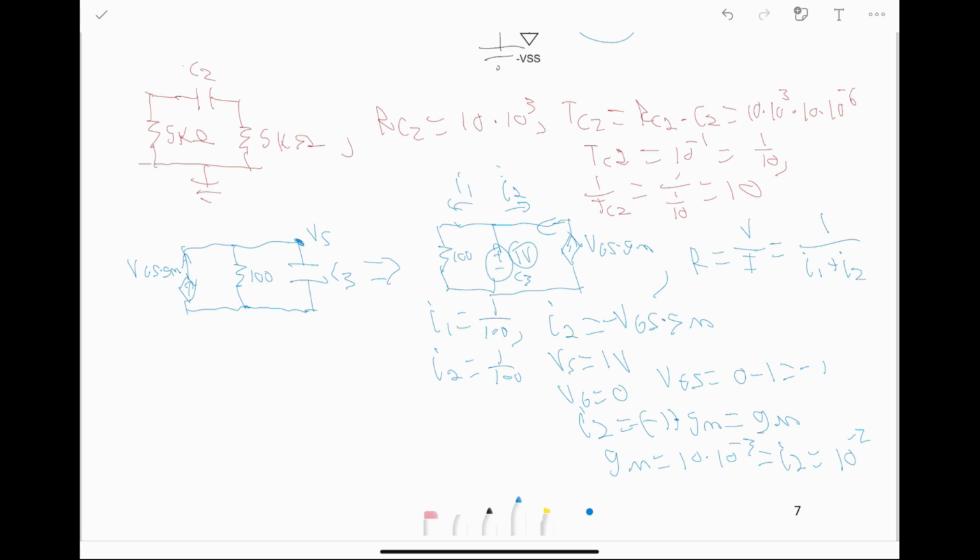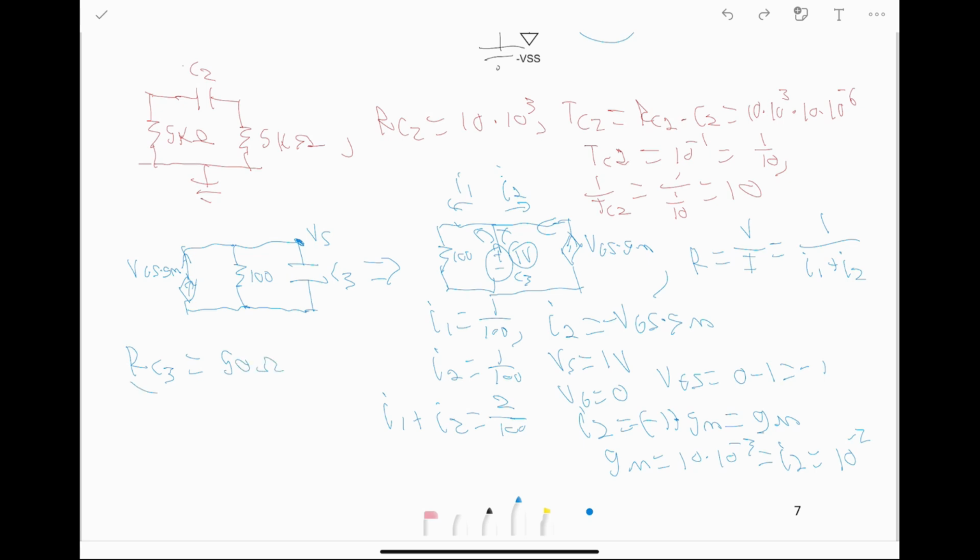If we take their sum, we can say I1 plus I2 is equal to 2 over 100. This is the total current leaving this source. Now we just need to take the inverse to find the resistance because of the equation I wrote right there. So we can say that the inverse of 2 over 100 is equal to RC3, which is 50 ohms.